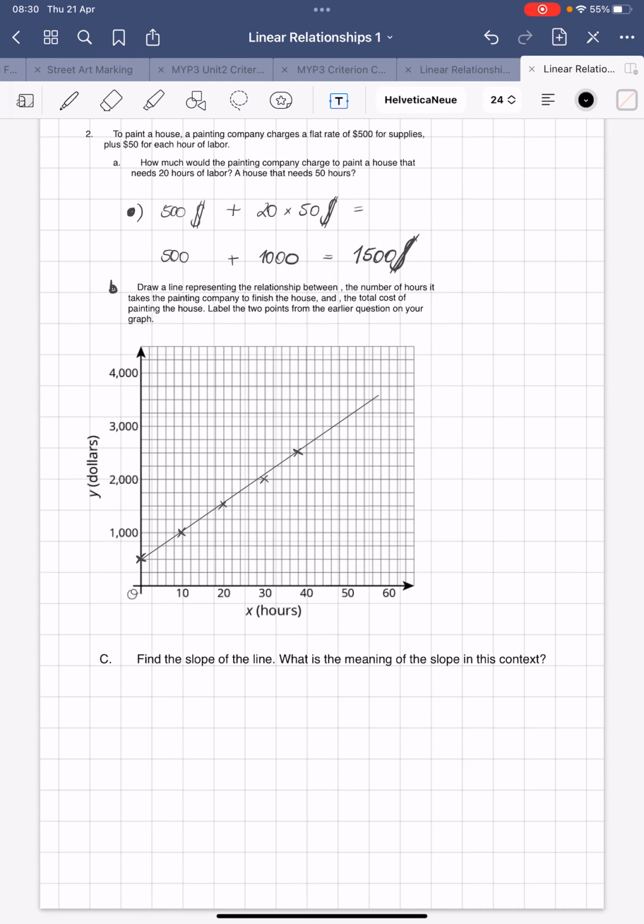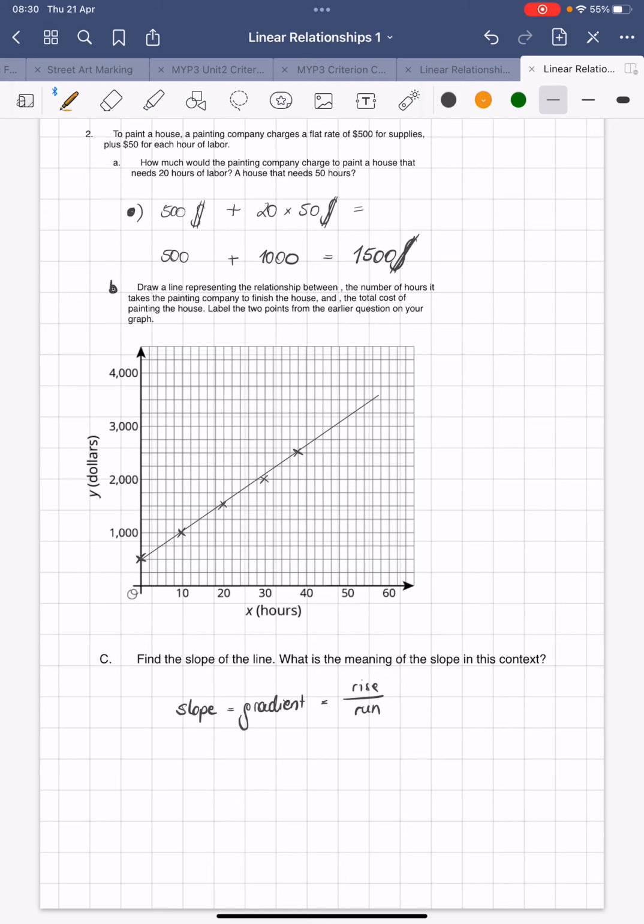So, the slope. Let's look at the slope. You know that we found out that the slope of a line, so the slope is the same as the gradient, which is rise over run. So let's have a look. You can draw any triangle really, but I'm going to use this one.